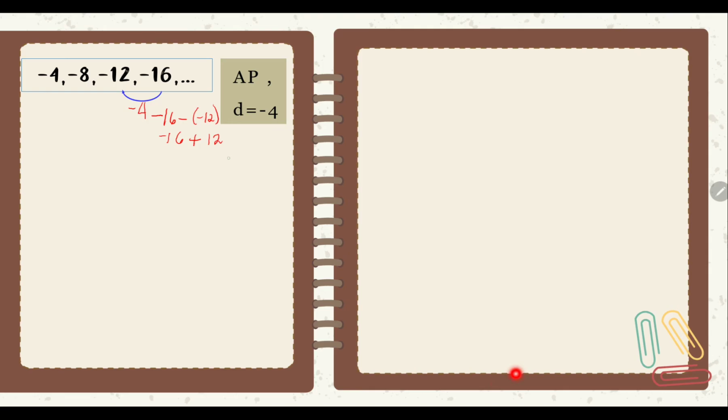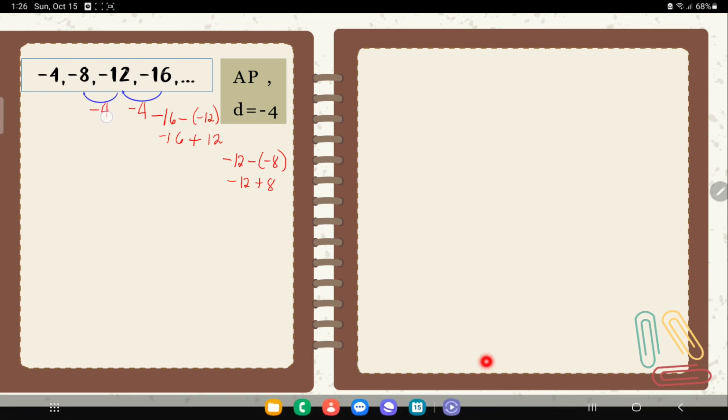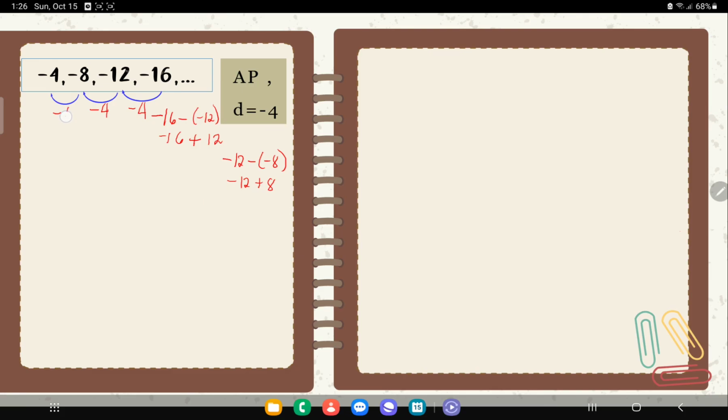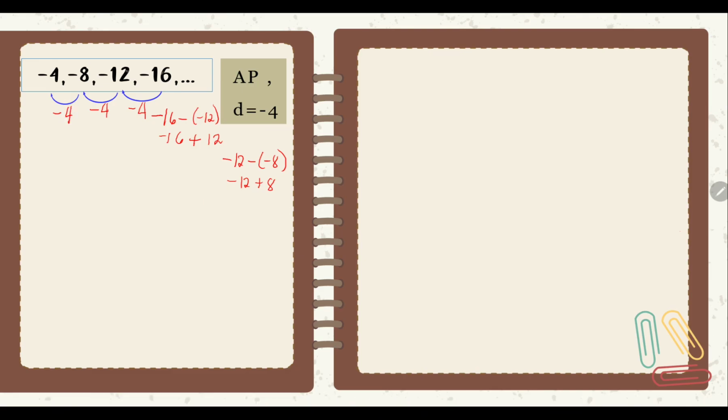And likewise, when you say negative 12 minus a negative 8, that would also give us negative 12 plus 8, giving an answer also of negative 4. And then the last one, when we say negative 8 minus a negative 4, that would still give us a negative 4, giving us a common difference of negative 4.